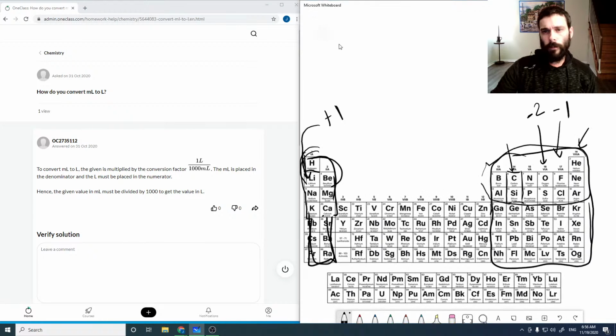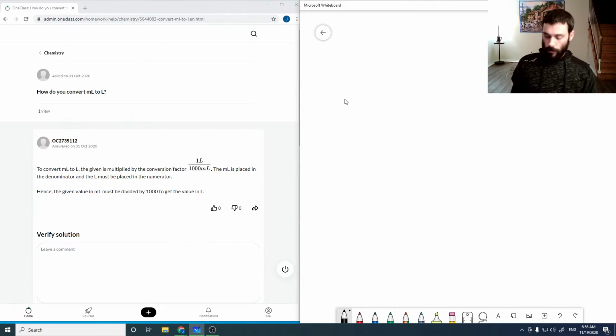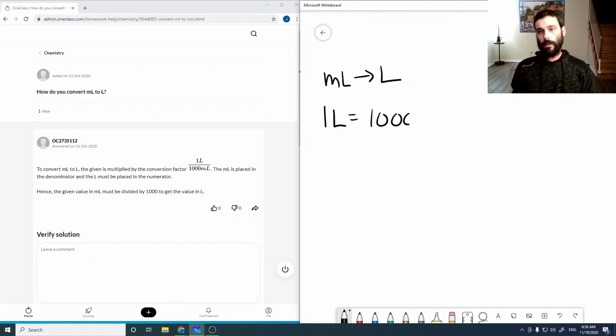Okay, so this one's just a simple conversion. So whenever you convert, in this case we're just doing milliliters to liters, it's sometimes handy, well, obviously you need to remember how the quantities relate to each other, but I always find it helpful to use the equation that relates them. So if 1 liter is 1,000 mils, then that means 1 liter over 1,000 mils is equal to 1.